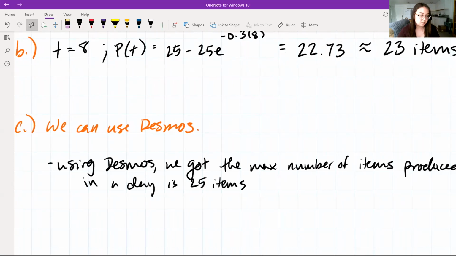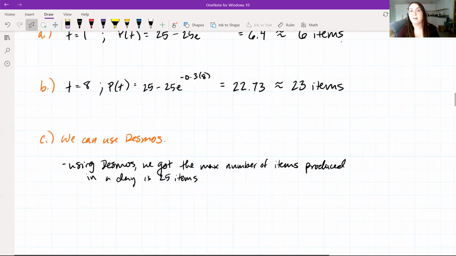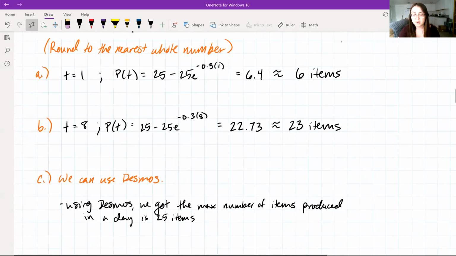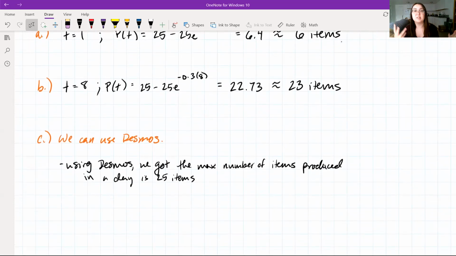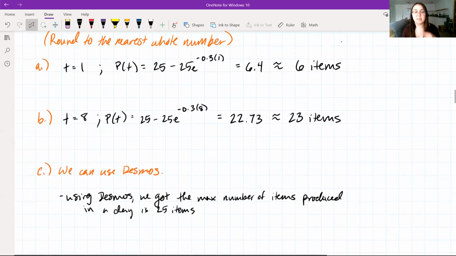Now, using Desmos was very helpful in this case because we got to visually see that it's going to stop increasing once we get that P of t is equal to 25.